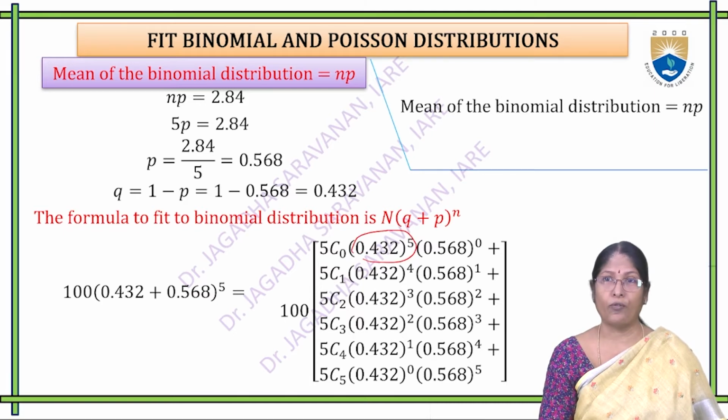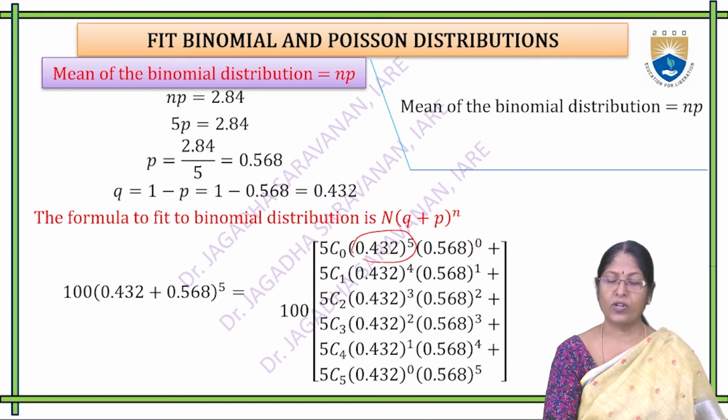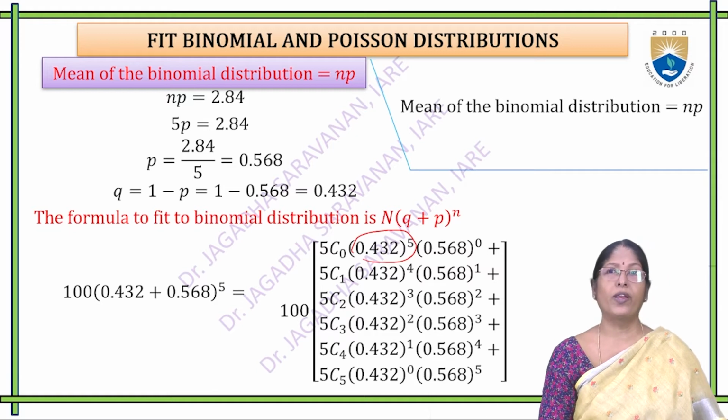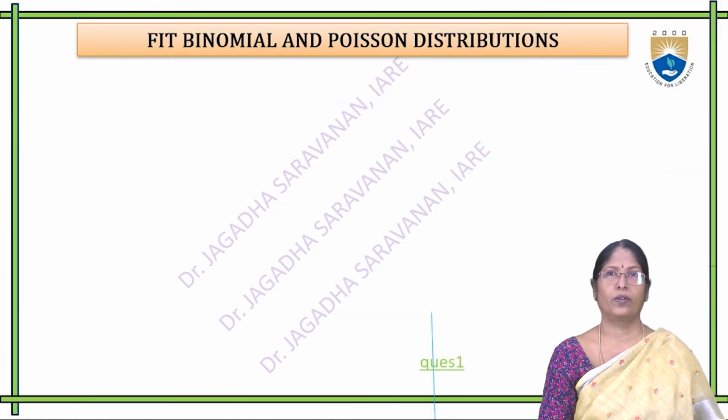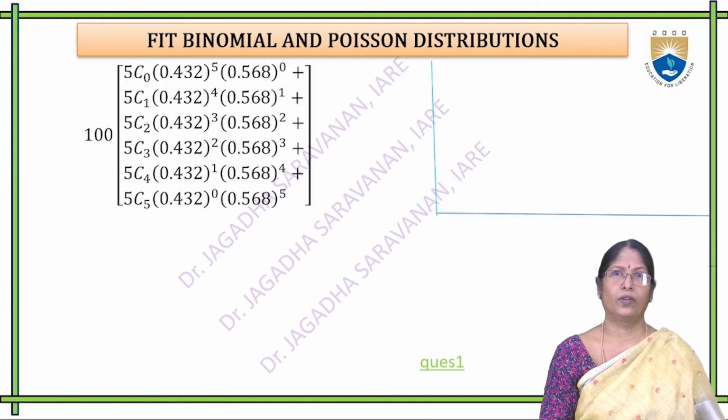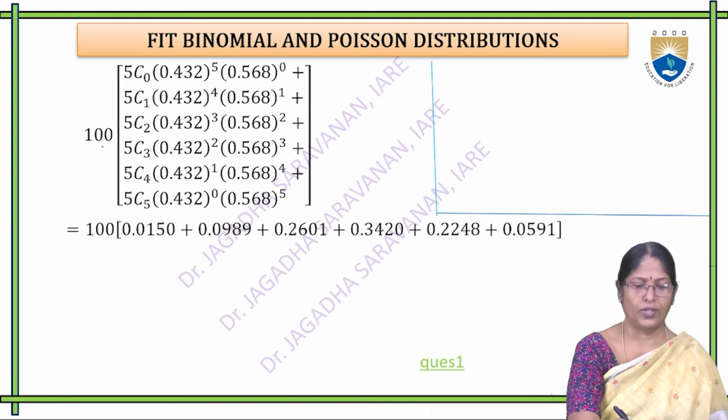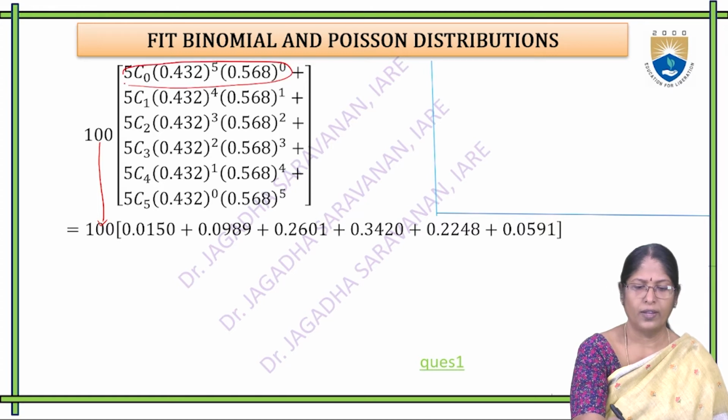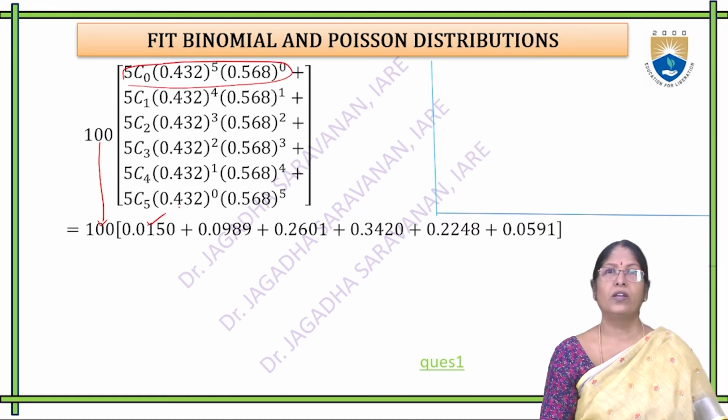0.432 to the whole power 5, and 0.568 power 0, the value is 1. Using the calculator, we can easily calculate the corresponding terms, which are replaced by their own values. Multiplying by the 100, simplifying the first one, we obtained 0.0150.